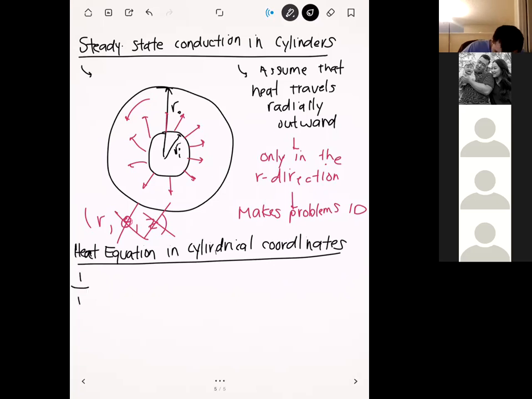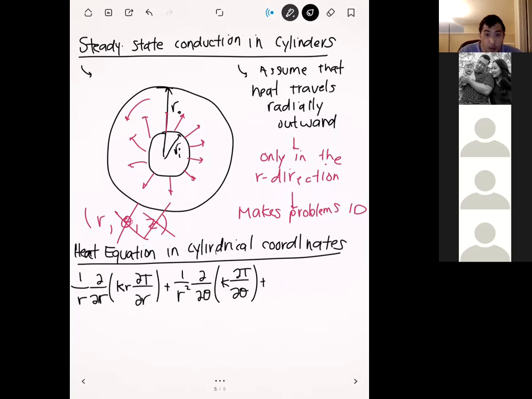Okay, so the heat equation looks like this. We start with 1 over R, partial derivative with respect to R of K R, partial T, partial R. That's our derivative with respect to R. Then we have a theta derivative term: 1 over R squared, partial theta, K, partial T, partial theta.